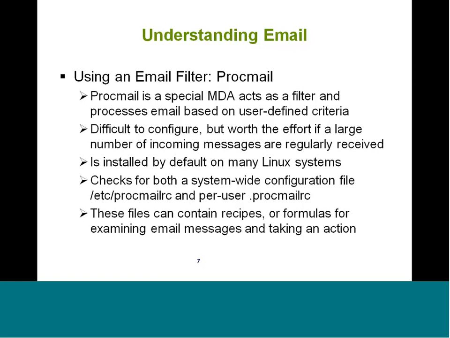There is a global configuration that resides in /etc/procmail_rc, and you can override that with the .procmail_rc file. This file will have the recipes and formulas for what action you want to take on a given message.